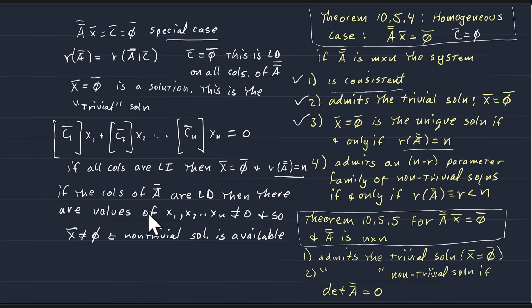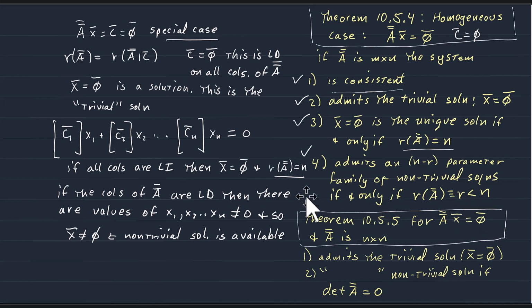So if there are linearly dependent columns, then the rank of A is less than n, and there'll be an n minus r parameter family of solutions that are non-trivial. And that's only if the rank of A is less than the number of columns. Okay, so hopefully this is making sense.